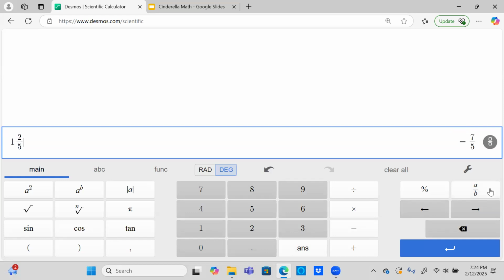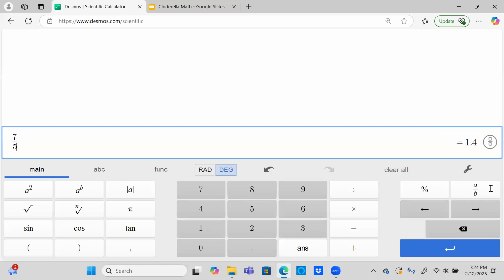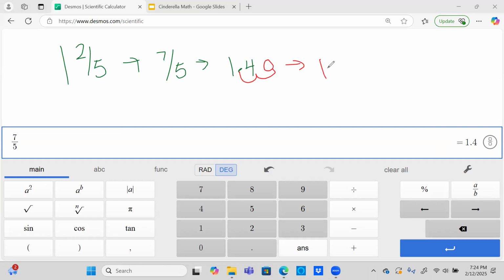Okay, and then you could take that improper, so 7/5, and do 7 divide 5. And there's the decimal. So we started with 1 and 2/5. We pushed the fraction button and they turned it to 7/5, improper. We divided and they gave us the decimal of 1.4. And then we go bump, bump twice. That's 140%.